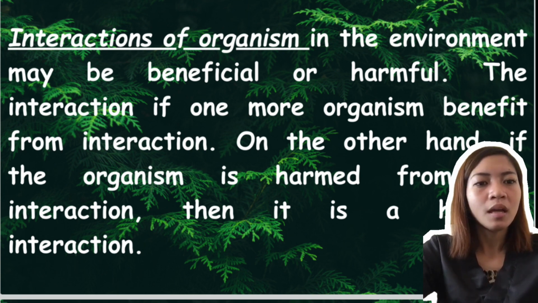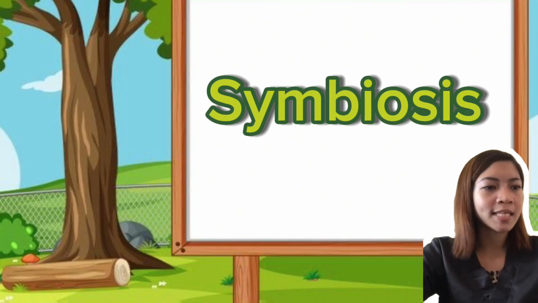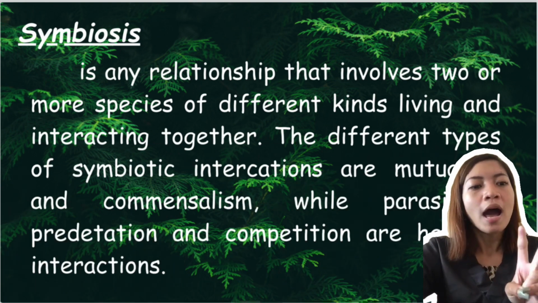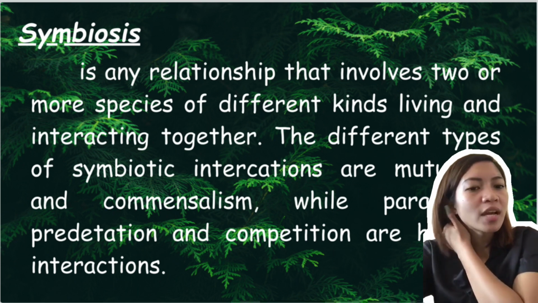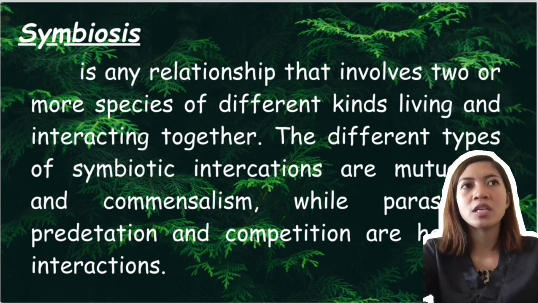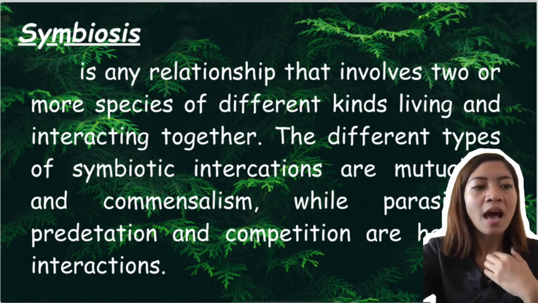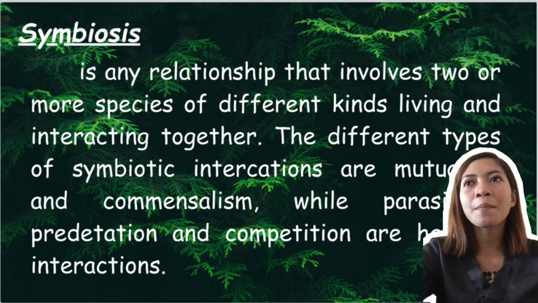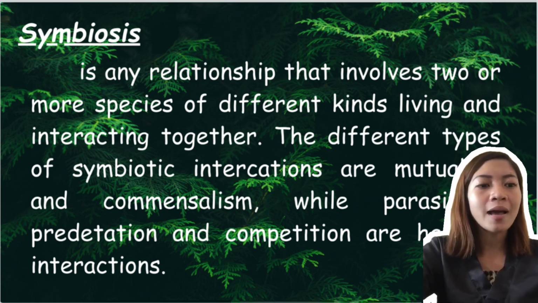That interaction is called symbiosis. So what is symbiosis? Symbiosis is any relationship that involves two or more species of different kinds of living things interacting together. Kasi pag walang interaction, walang symbiosis, at pag walang nakikipag-interact na mga organisms or other species, walang matatawag na interaction.